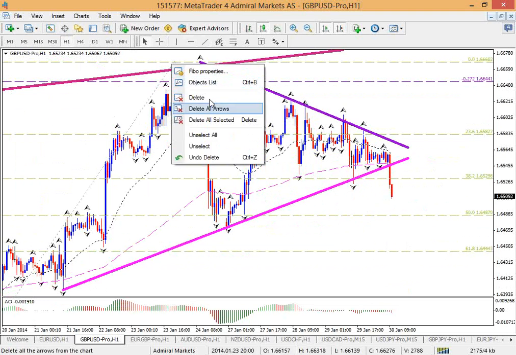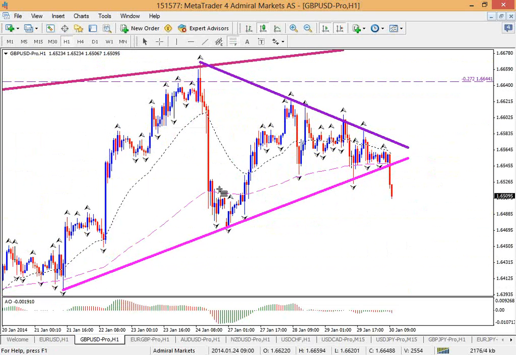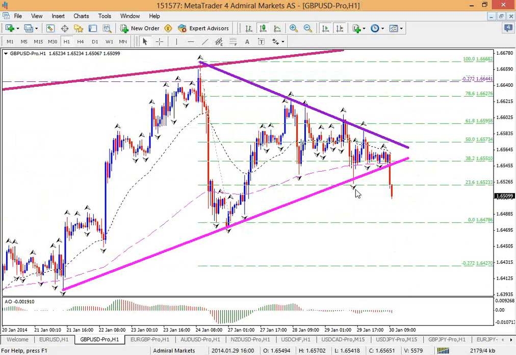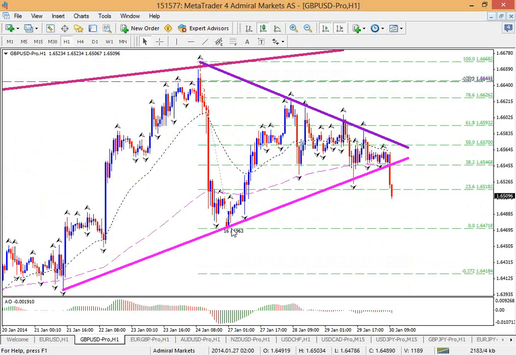So what would be the target of this downside break? The pound dollar already broke the bottom. So this aids the fact that the euro dollar is probably downside too, because the pound is breaking a triangle to the downside, and it has already broken this bottom here.